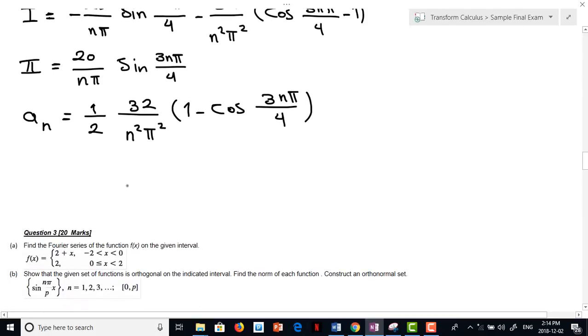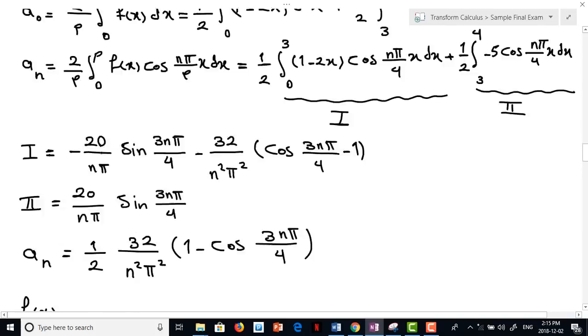As a result, we can say that the Fourier cosine series is equal to a0 divided by 2.